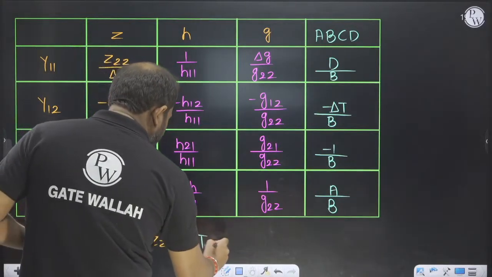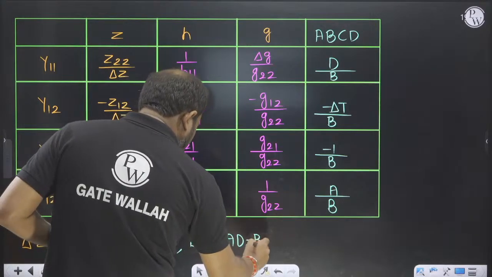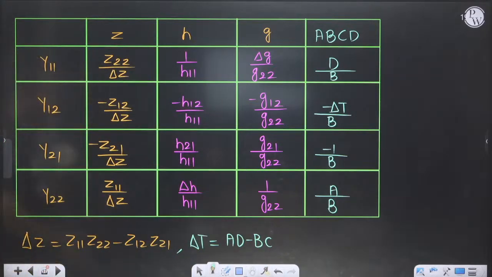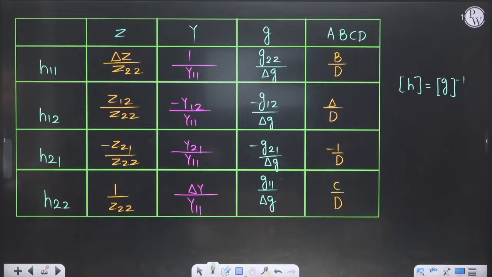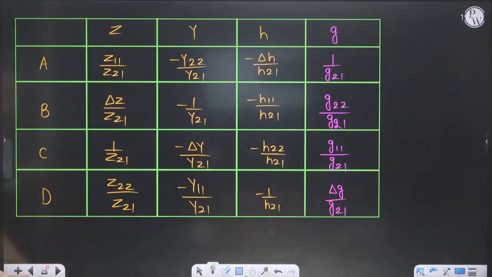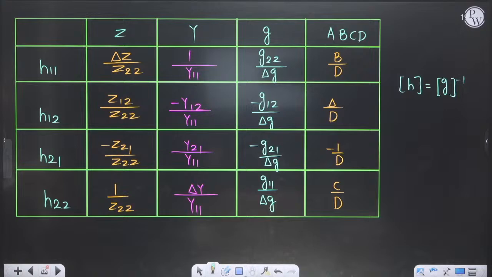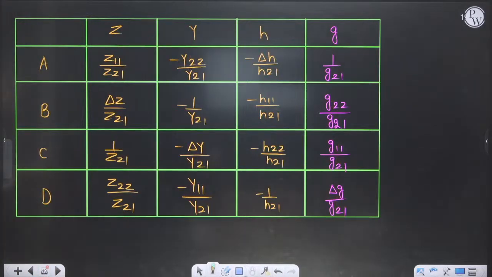Delta T is AD minus BC. You can find H parameter in terms of Z, Y, G and B parameter. I taught you in lecture 4 ABCD in terms of Y, Z, H and G parameter.